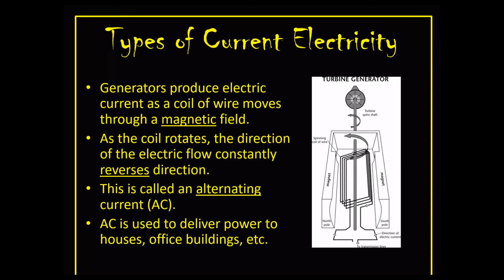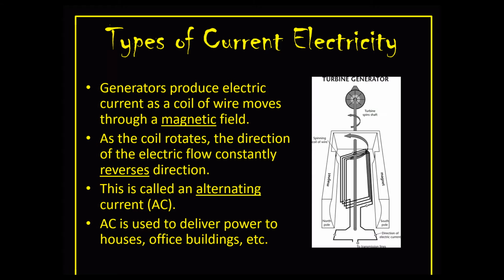You also need to know that there are different types of current electricity. Generators produce electric current as a coil of wire moves through a magnetic field. We're going to come back to this when we get to magnetism, but you just need to know that magnetism and electricity can work together hand in hand.